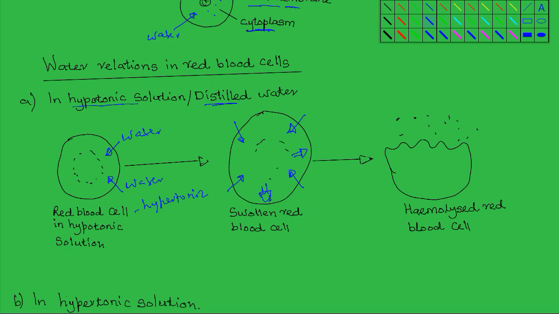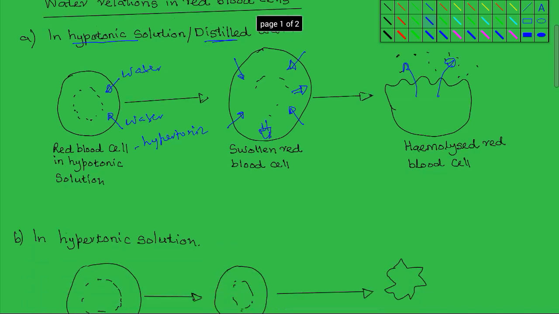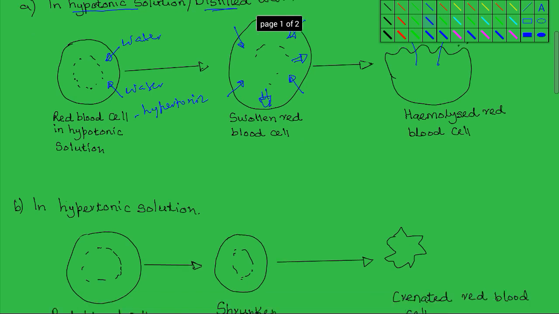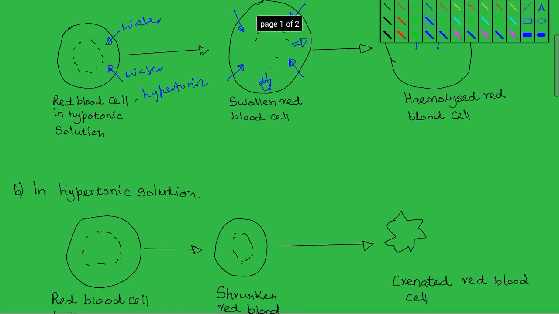Now, on the other hand, when the red blood cell is placed in a hypertonic solution, meaning a solution that has a lower water concentration relative to that within the red blood cell, consequently, the red blood cell will be hypotonic to the surrounding hypertonic solution.